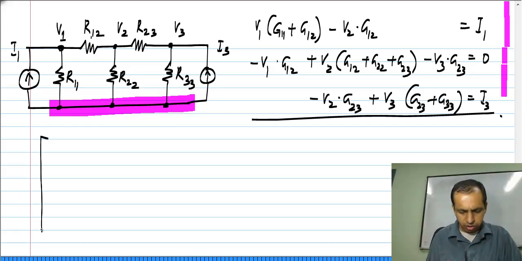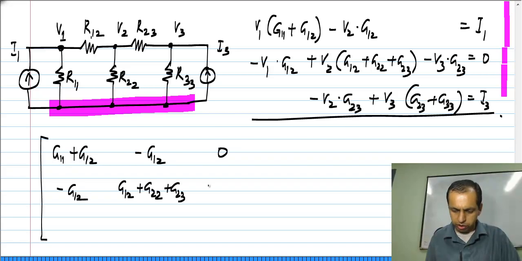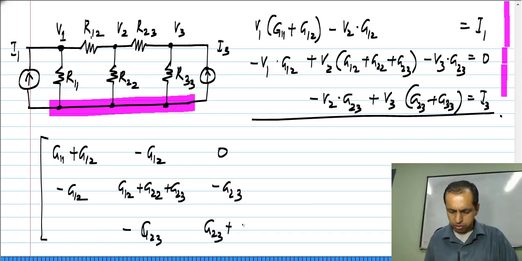So, what I do is I write this set of linear equations, which can be done for any set of linear equations, as a matrix: G11 plus G12, minus G12, 0; minus G12, G12 plus G22 plus G23, minus G23; and finally minus G23, G23 plus G33.